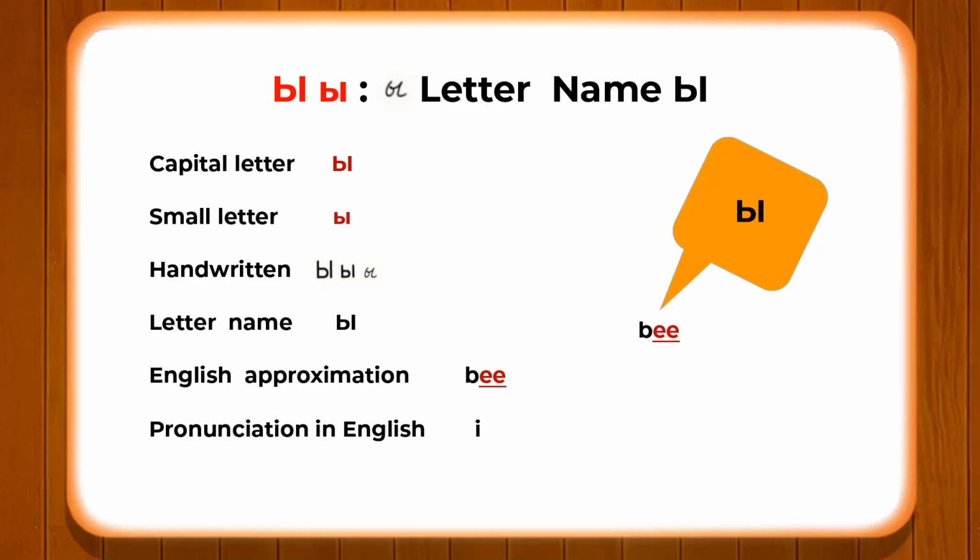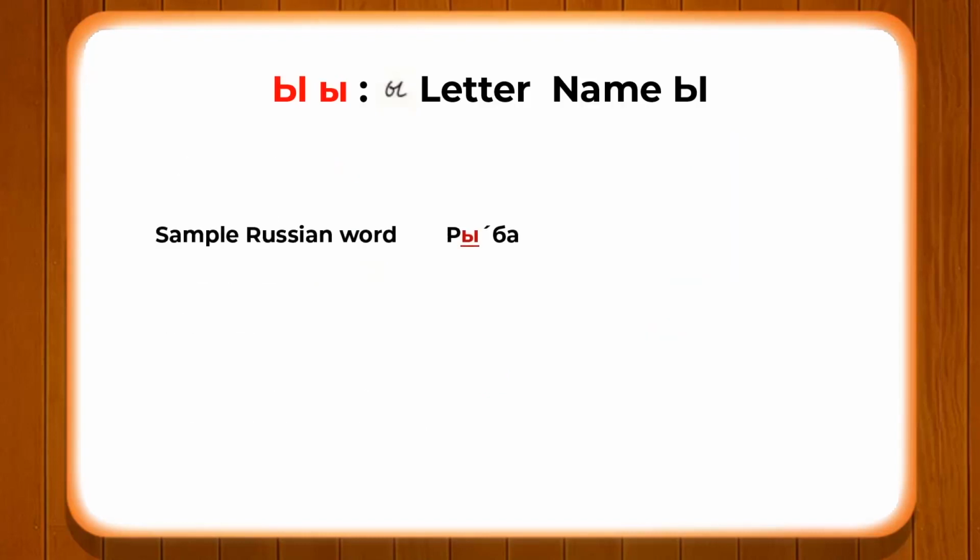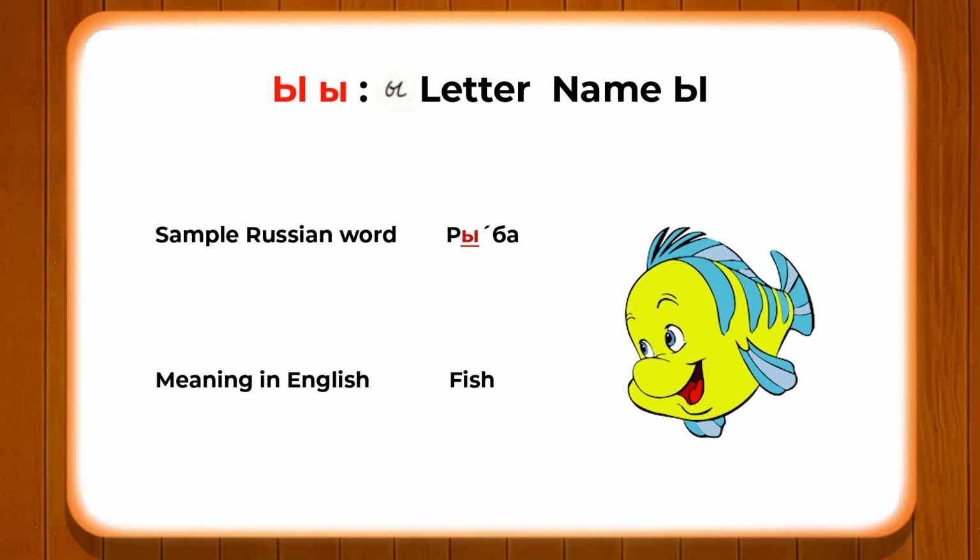With the help of a sample Russian word, you can see that here we have used the letter uy in the Russian word ryba, which means fish.